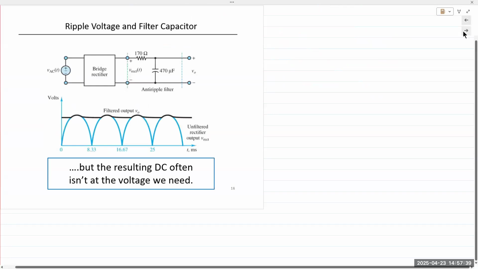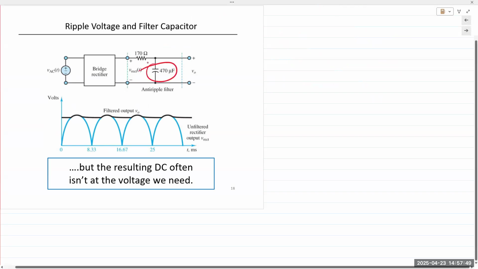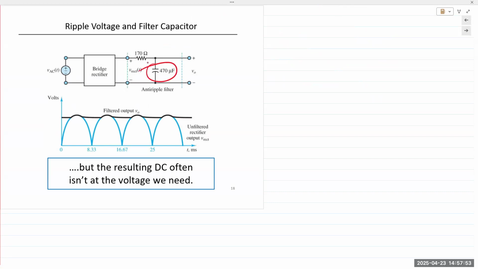We saw that the output is pulsating DC. That's not quite what's required. We want a flat line, right? So we attach a capacitor at the output. The property of a capacitor, like an inductor, is to store energy. It receives energy, stores it, and releases it back into the circuit at a later point in time.